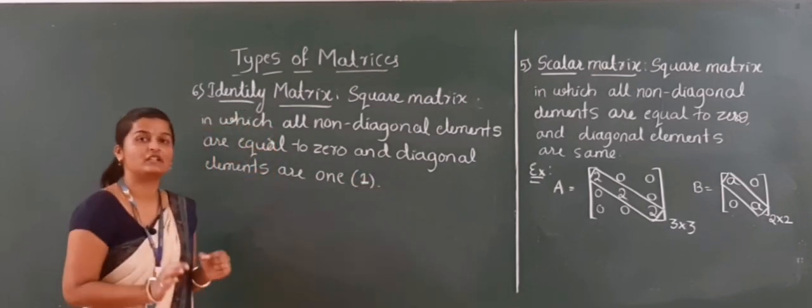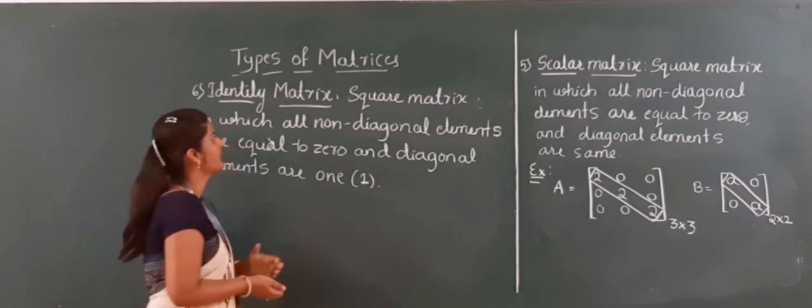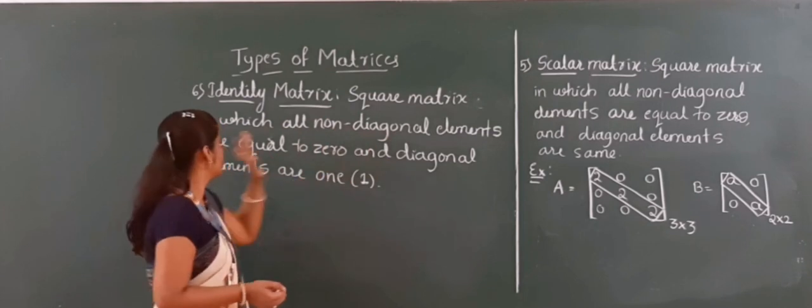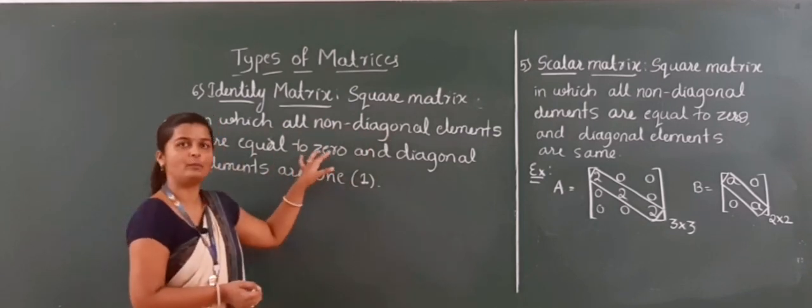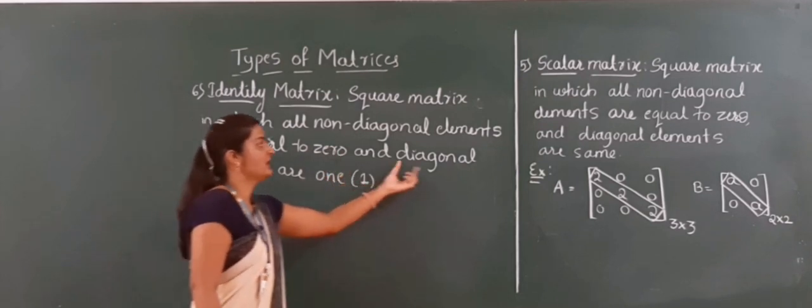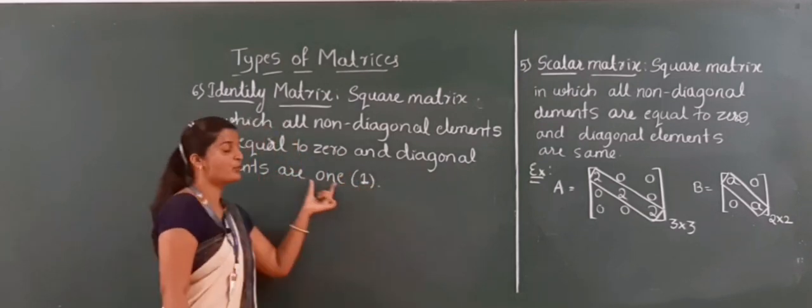This is the definition of the identity matrix. A square matrix in which all non-diagonal elements are equal to 0. So up to this is the diagonal matrix or scalar matrix condition only. Next, diagonal elements are 1.